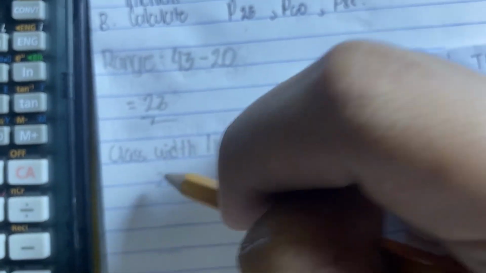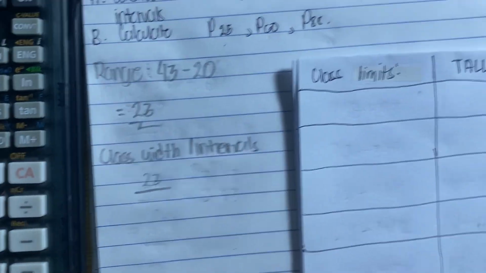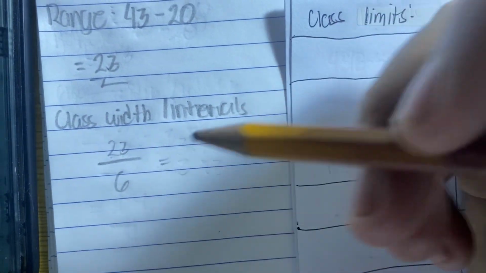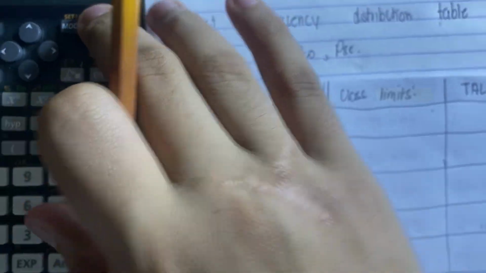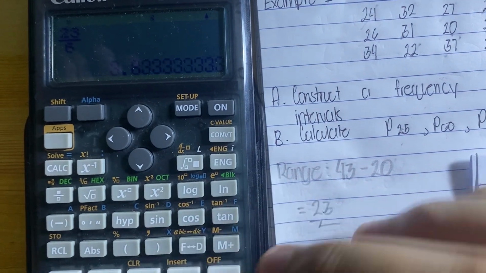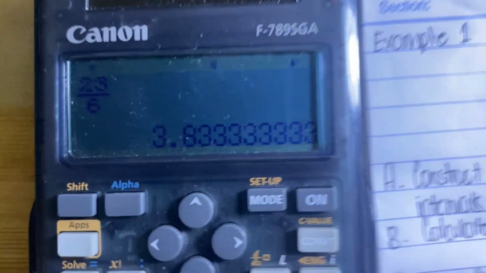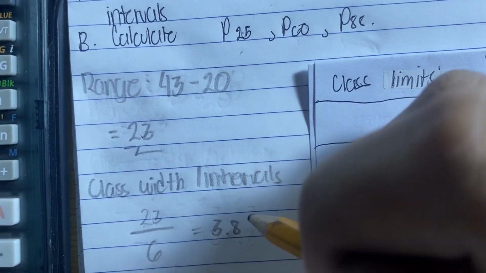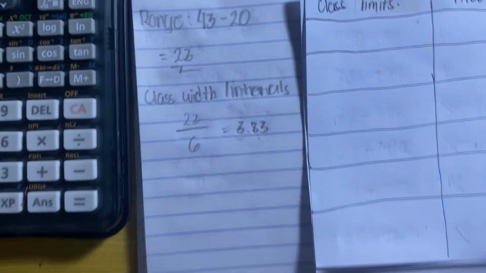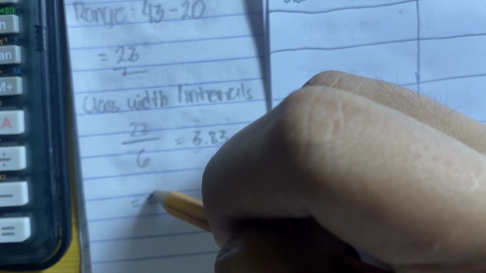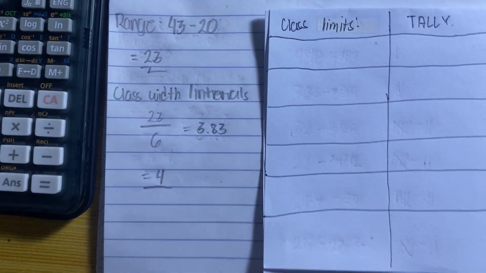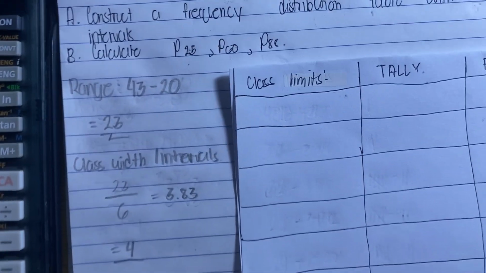Write down the value of the range and divide it by the class size, which is 6. You can use a calculator here. 23 over 6 is equal to 3.83. So the 3.83 becomes 4. So there is a total of 4 scores in each class.